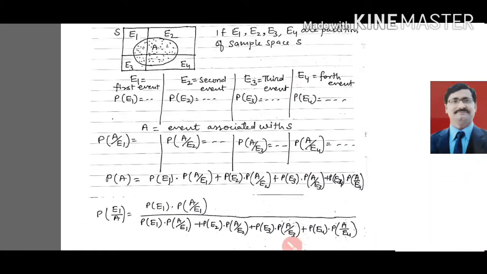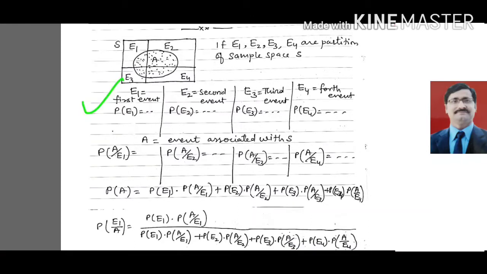Now in short we will understand how to do the question. We will use this method: first write the events E1, E2, E3, E4. Then find the probability of E1, E2, E3, E4. Then take event A and find P(A/E1), P(A/E2), P(A/E3), P(A/E4).